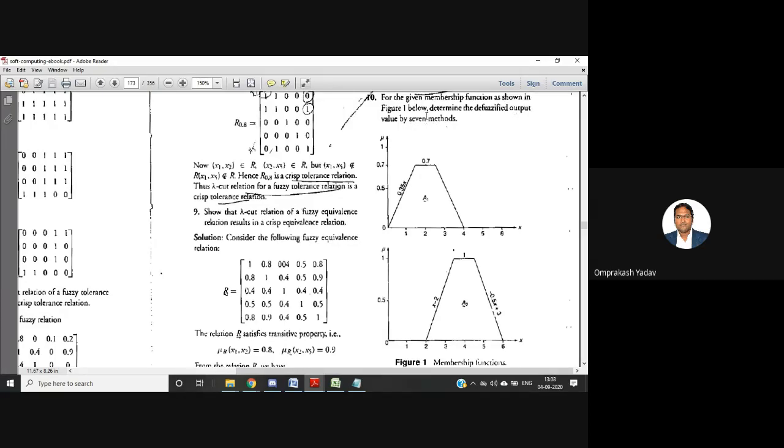Don't do by 7 methods, just do first by centroid method and second by center of sums method. And you can also have a third one as weighted average method.